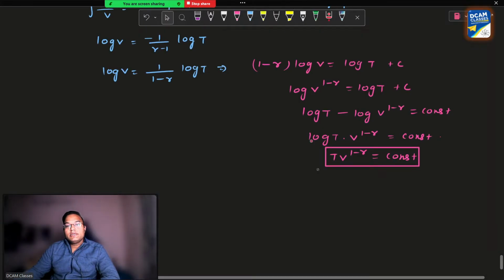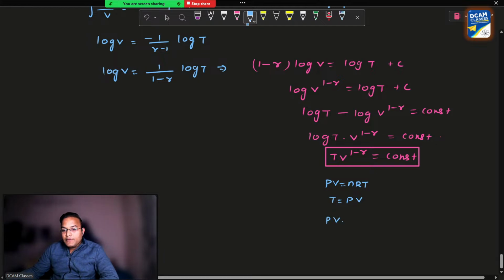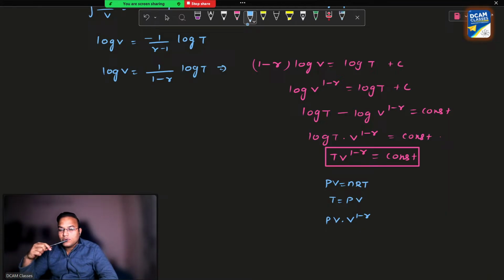Now see, actually this we do not know. What we know is PV power gamma is equal to constant. How do we get it? Using PV is equal to nRT. This n and R are constant, so I can write P is equal to something constant into V power 1 minus gamma.